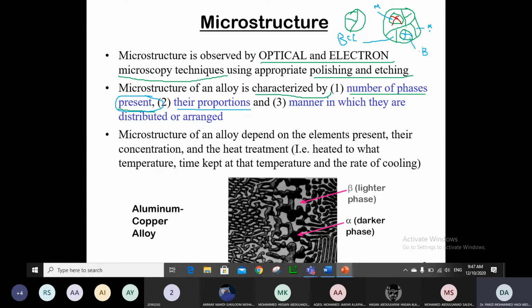So if we have, for example, 95% ferrite, and 1% bainite, and 4% martensite. Or in the other case, let's say we have 50% ferrite, and 5% bainite, and 45% martensite.